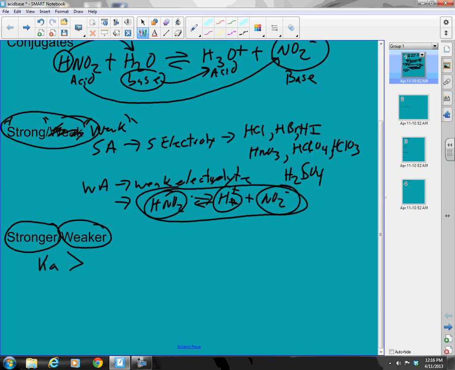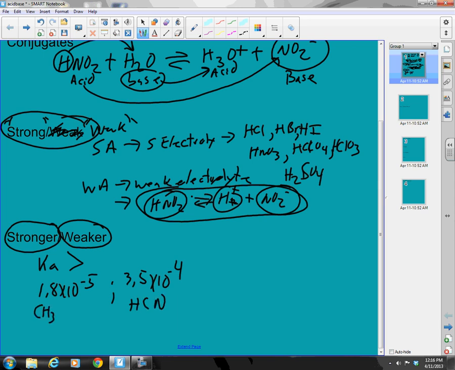So Ka for acetic acid is 1.8 times 10 to the minus fifth, versus the Ka for cyanic acid, 3.5 times 10 to the minus fourth. So this is cyanic acid, and this is acetic acid.